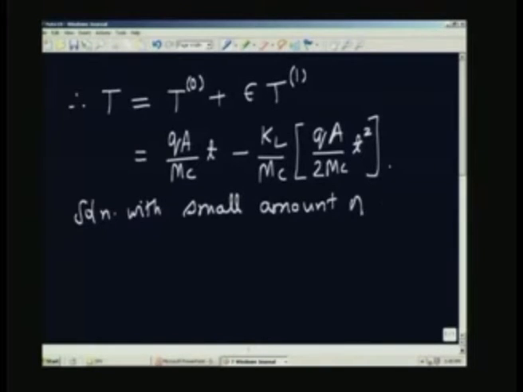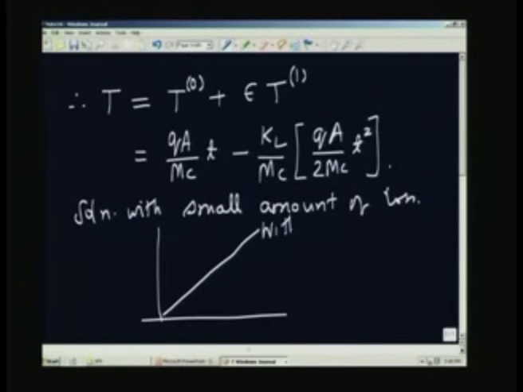So if I were to make a plot of the response, I will get the following. Without loss I will get a straight line, this is without loss. What I am plotting is the temperature T minus T naught on the y axis and time on the x axis.